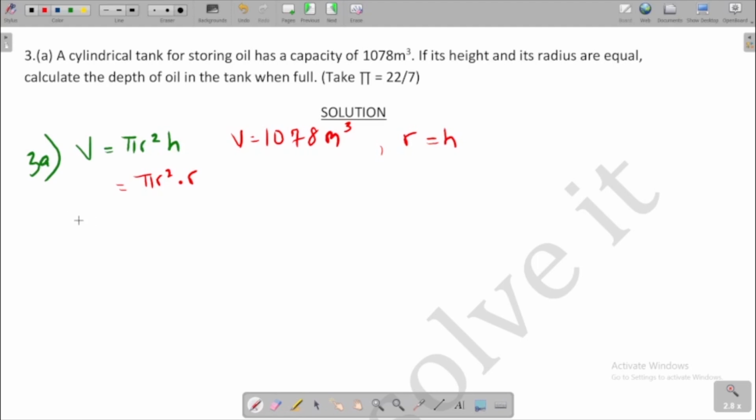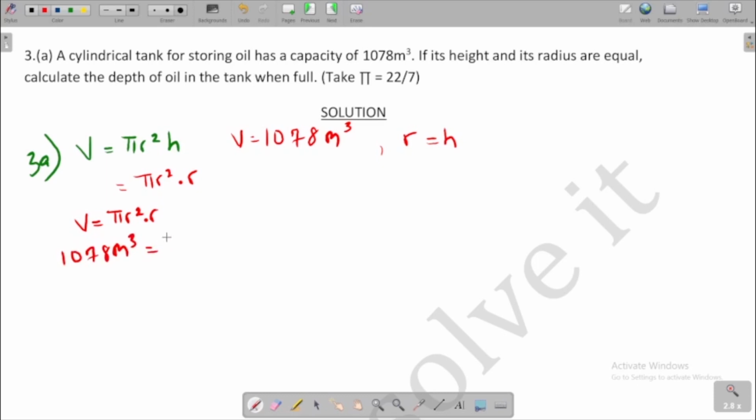So to solve, we have V, that's the formula we have to use, r square h, and our h is our r here. So we have our V is 1078 m cube.